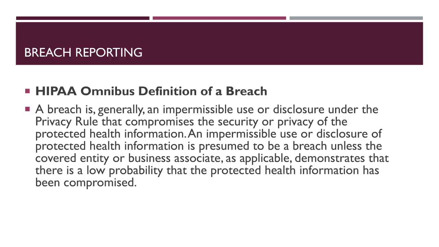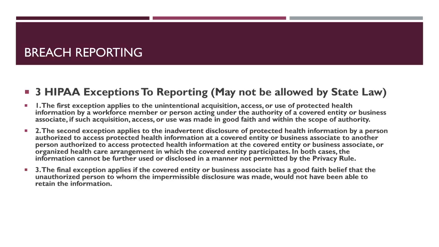So again, the omnibus definition of a breach, which changed the previous definition, is that any violation of the patient's information is a breach. There are 3 HIPAA exceptions to breach reporting.